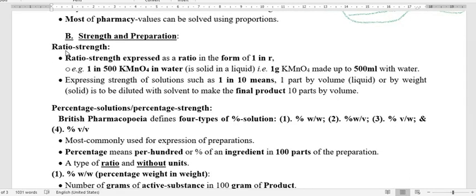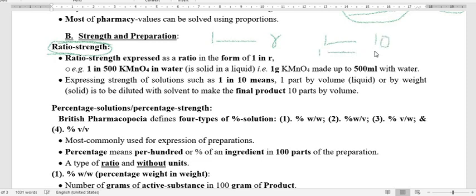The first under strength and preparation is ratio strength. We are expressing this ratio in the form of 1 in R. So this may be 1 in 10, this may be 1 in 100.